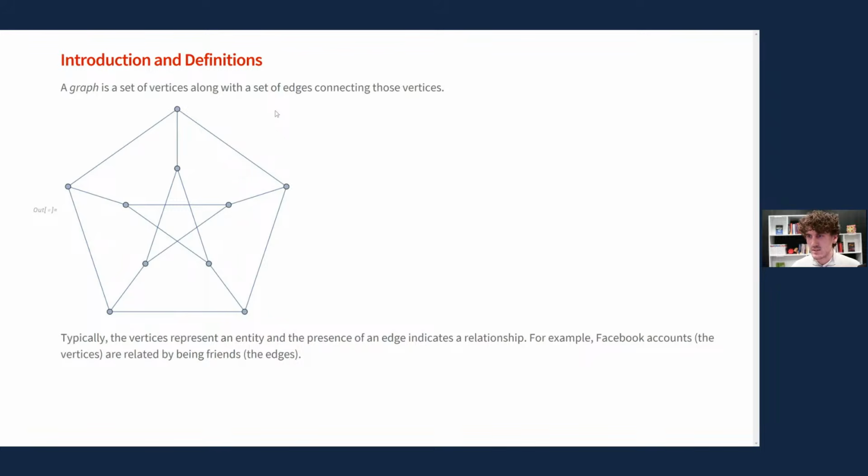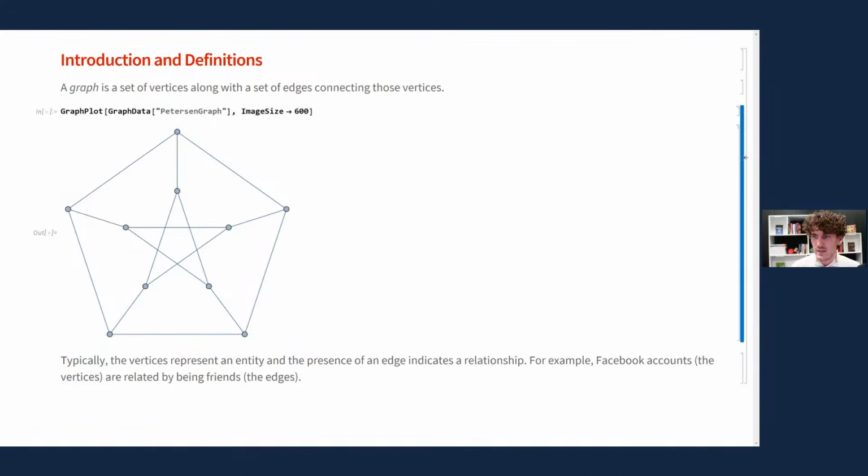Nodes and vertices are sometimes used interchangeably. A graph is defined as a set of vertices along with a set of edges that connect these vertices. Here is an example of how a graph looks in Wolfram Language, and you can click here to see the code that generated this. This is an example of a graph called a Petersen graph.